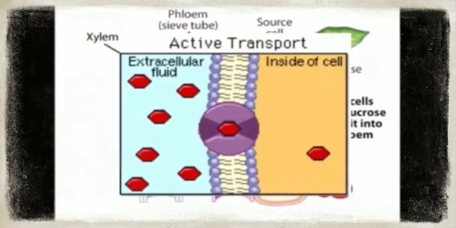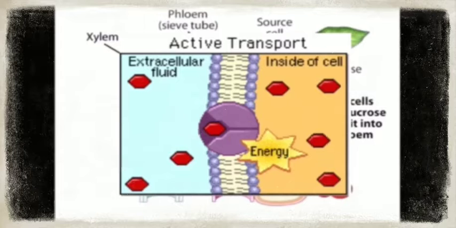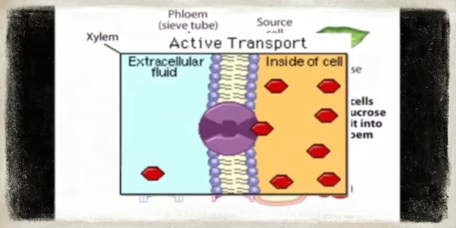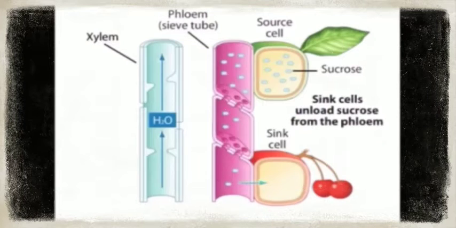Active transport, or loading, of sugar into phloem is dependent on an electrochemical gradient established by a proton pump. Sugar is co-transported with hydrogen ions that are moving down their concentration gradient.